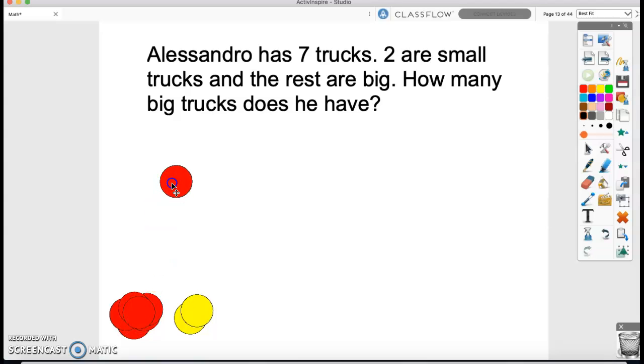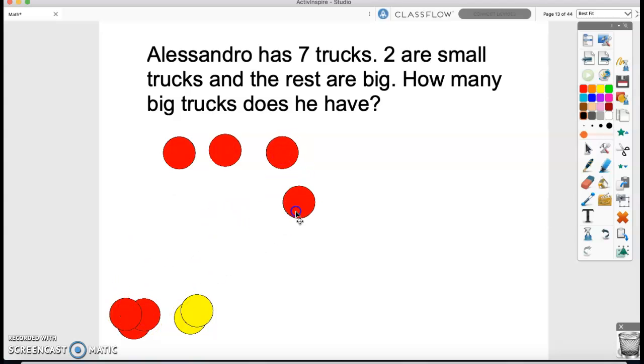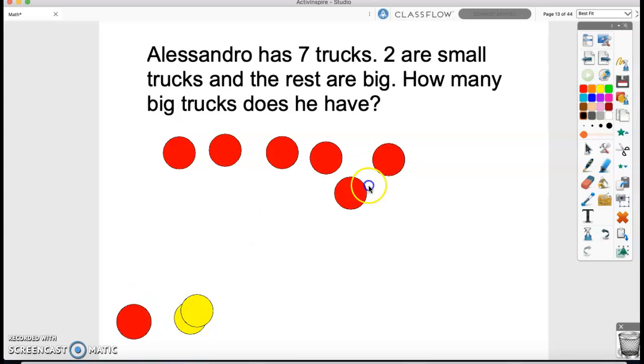Alessandro has 7 trucks. 1, 2, 3, 4, 5, 6, 7. It says 2 are small trucks.